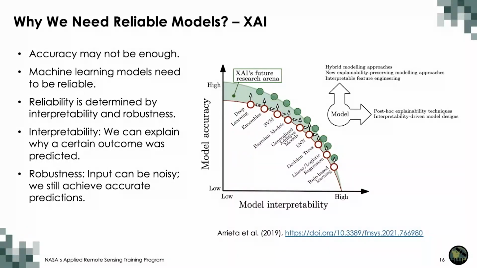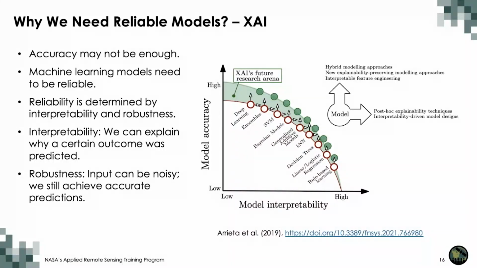Interpretability is where we can explain why a certain outcome was predicted. And in general, more accurate models tend to be less interpretable. This trade-off between accuracy and interpretability arises because the most accurate models are often the most complex, the black box models, and therefore the most difficult to explain.